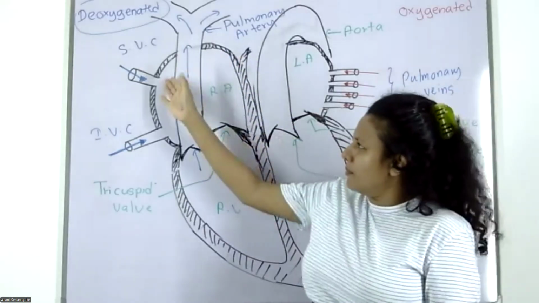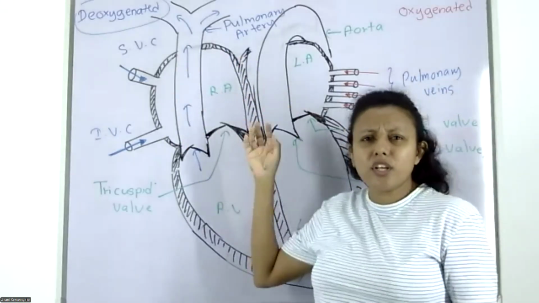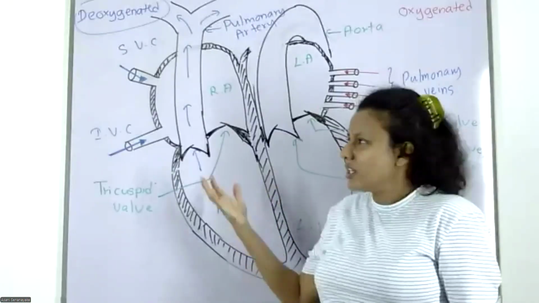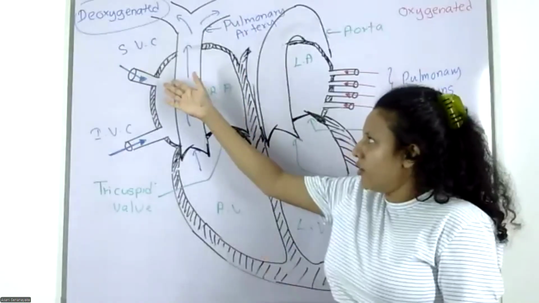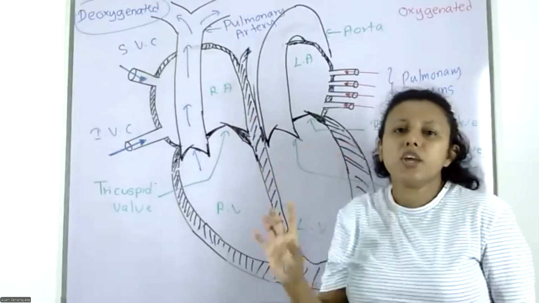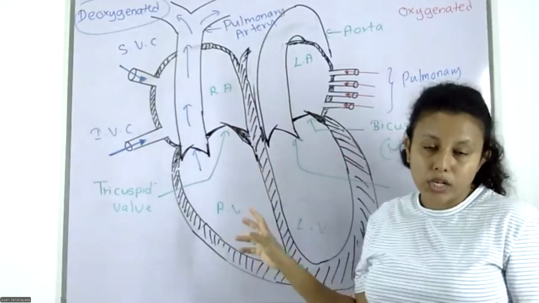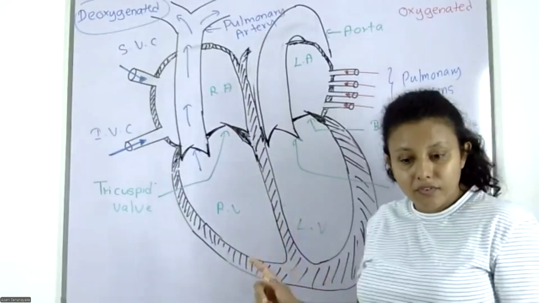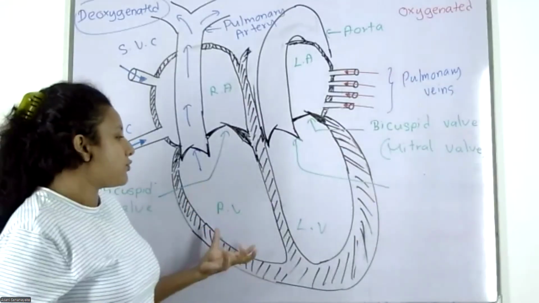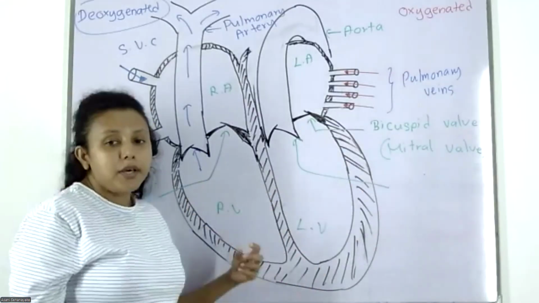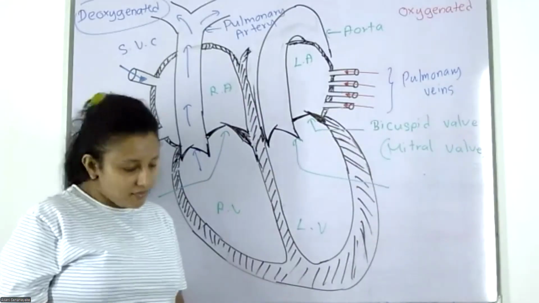But in this area, we don't have to push blood with high pressure. The blood just comes here, so they don't require a thick wall. They have just a thin wall. But where they have to push the blood with high pressure, the walls become thick.